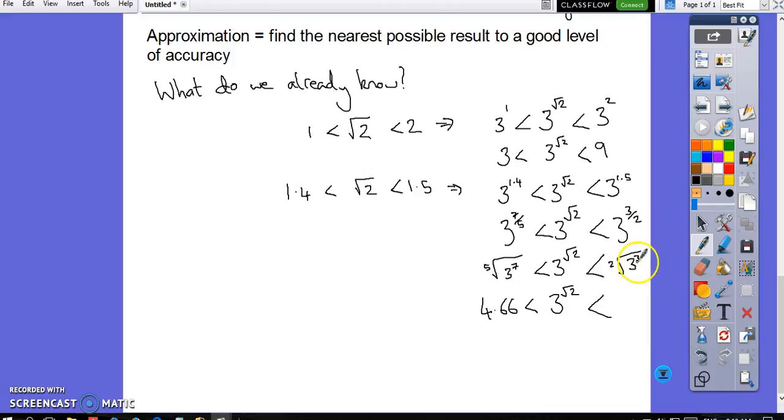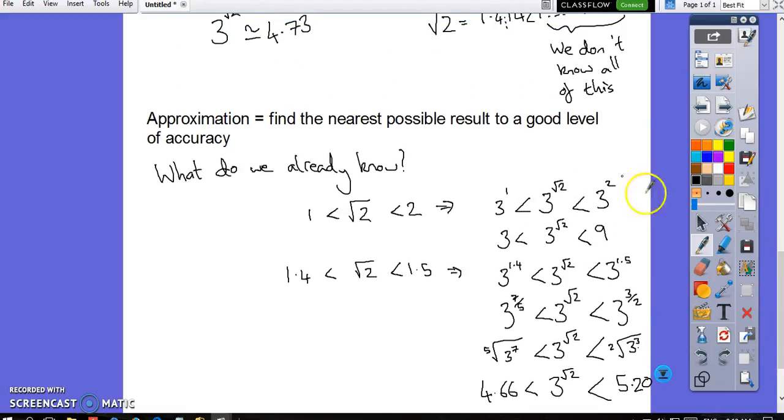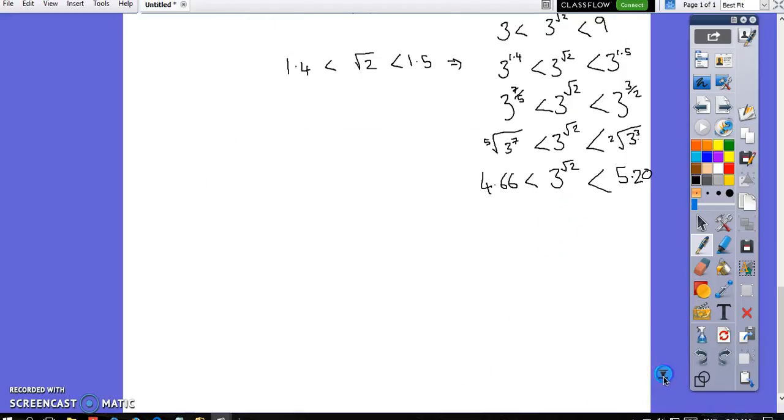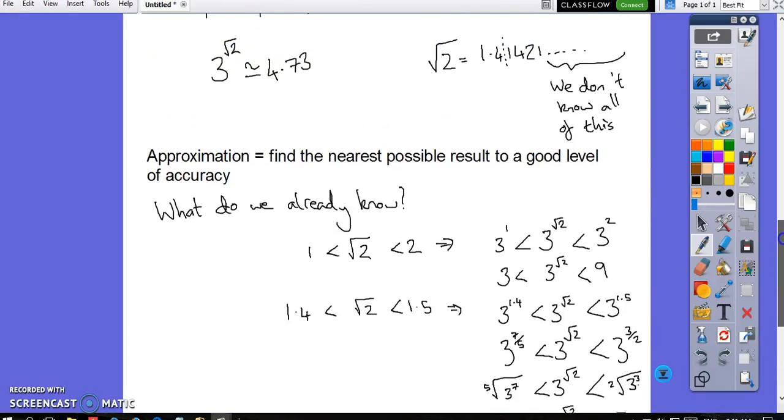And I know that 3 cubed is 27, so I just need to take the square root of 27 here. And 5.20. And already, just by taking the second decimal place here, we've come up with a much, much smaller interval than we had originally. We knew originally that it was between 3 and 9. Now we know it's between 4.66 and 5.2. And you can keep doing this until you get to an acceptable level of accuracy. And probably just one more level would do it.